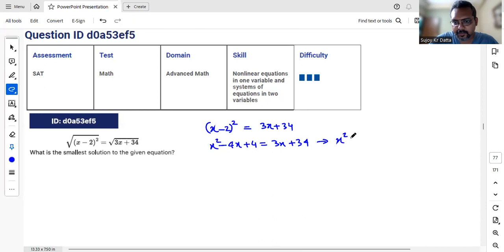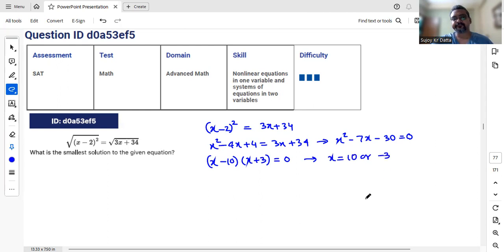That is x squared minus 7x minus 30 is 0. So that would be 10 and negative 3, right? Negative 10 and 3. So (x minus 10) times (x plus 3) is 0. Okay. So that will give us x equals 10 or negative 3.